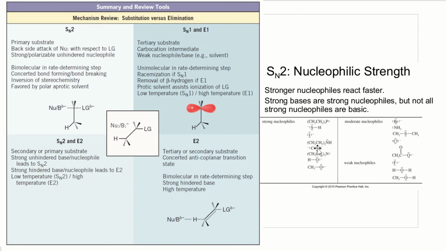So you can take a minute to look at some of these. Yeah, I know it's a bit small, but there are different levels of nucleophiles. So you have strong, moderate, and weak.